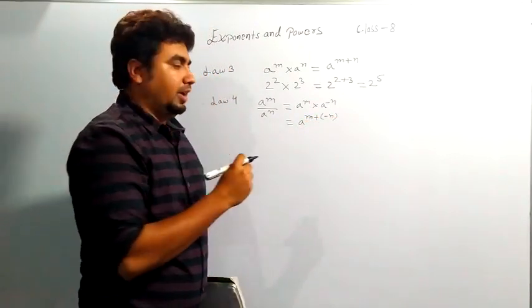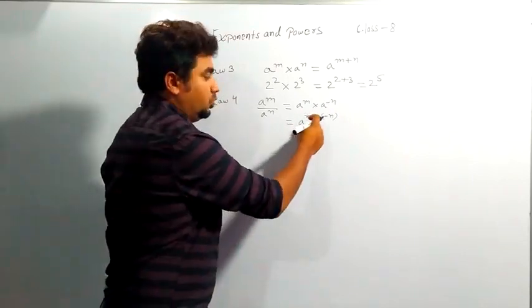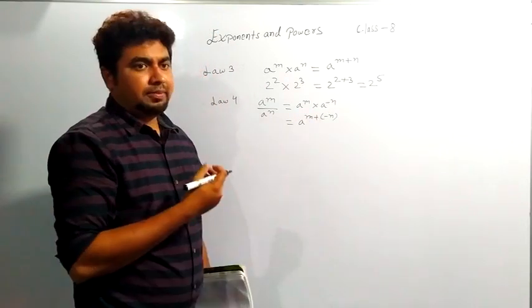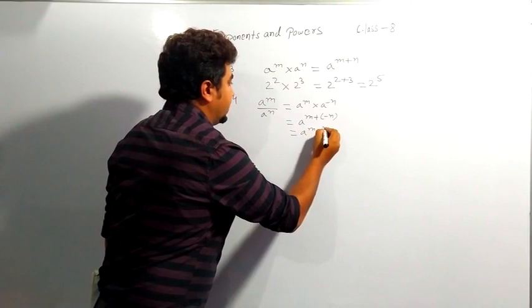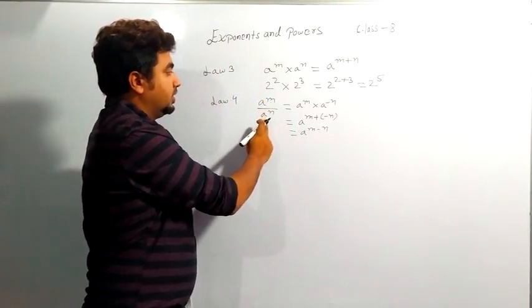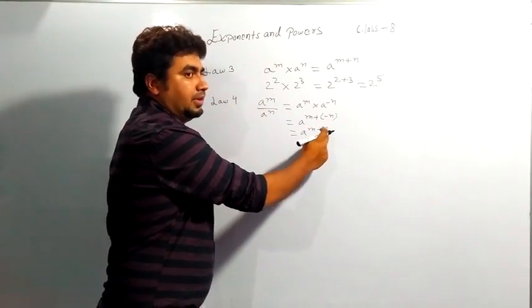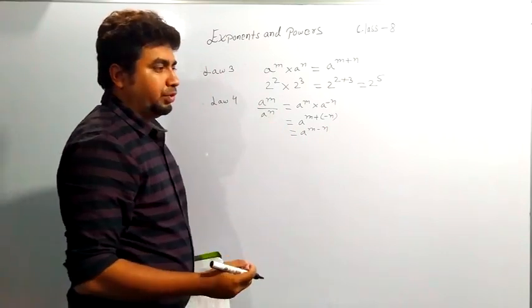We are adding minus n to m. It is indirectly the same thing, we have to do minus only, but I am saying we have to add minus n to m. It is m minus n. Or we can directly say that a to power m divided by a to power n will be a to power m minus n. This is law 4.